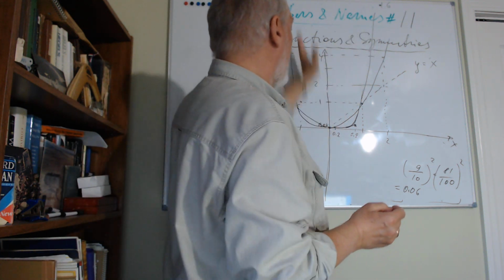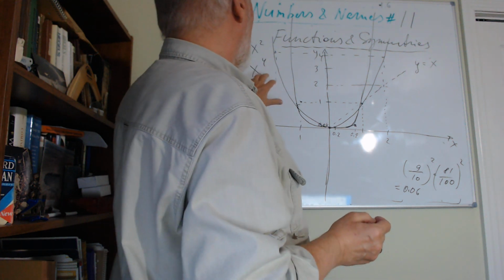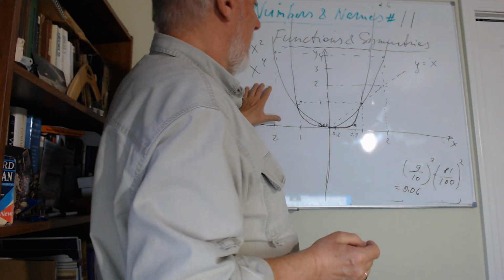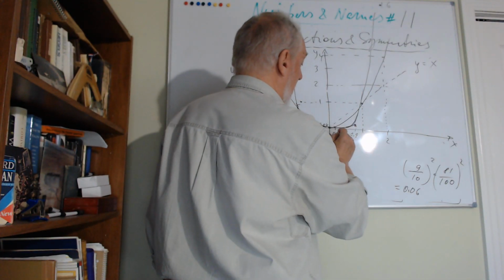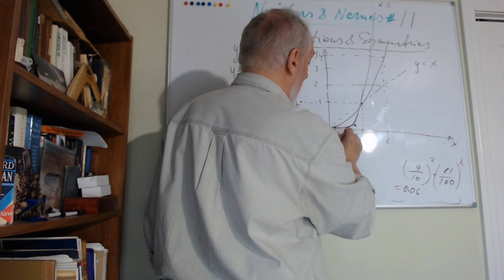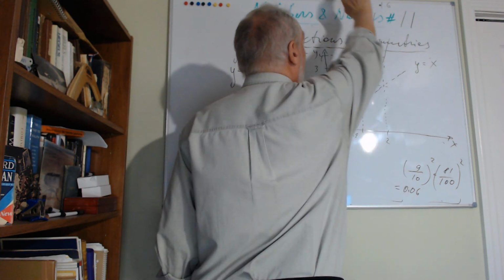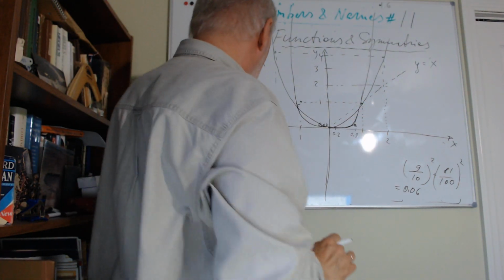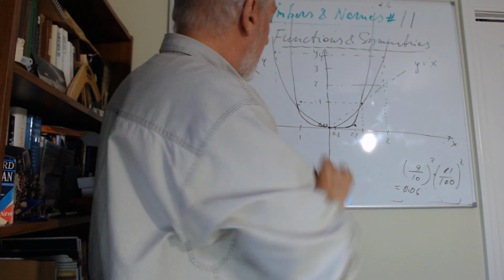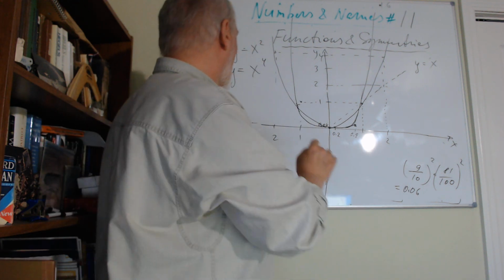It goes much faster up. And if you put some more, like x to the power of 8, it will be easy to understand. It will be even lower here because there are numbers less than 1, much lower here, but much higher after x equals 1. So this is for x squared and x to the power of 4.